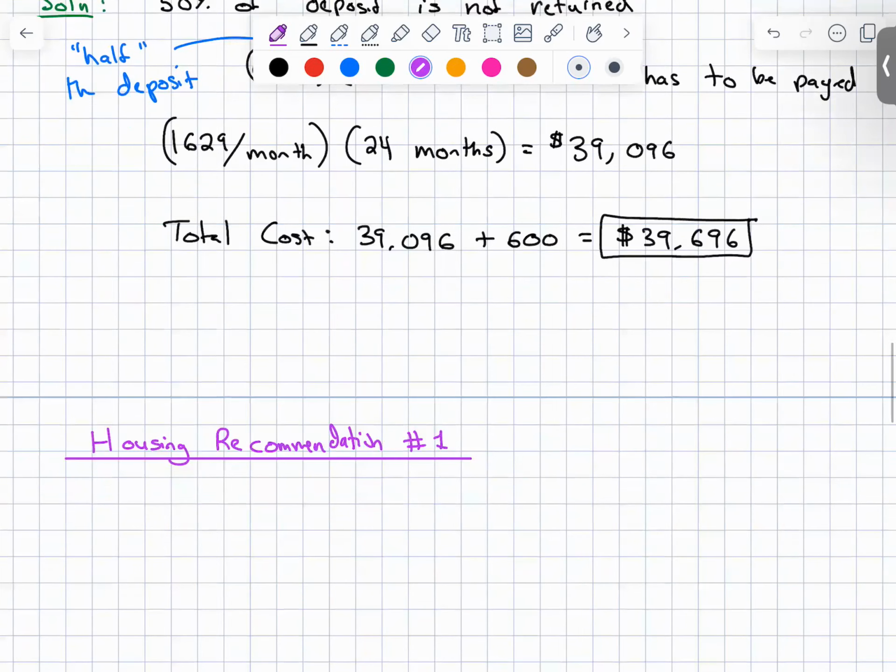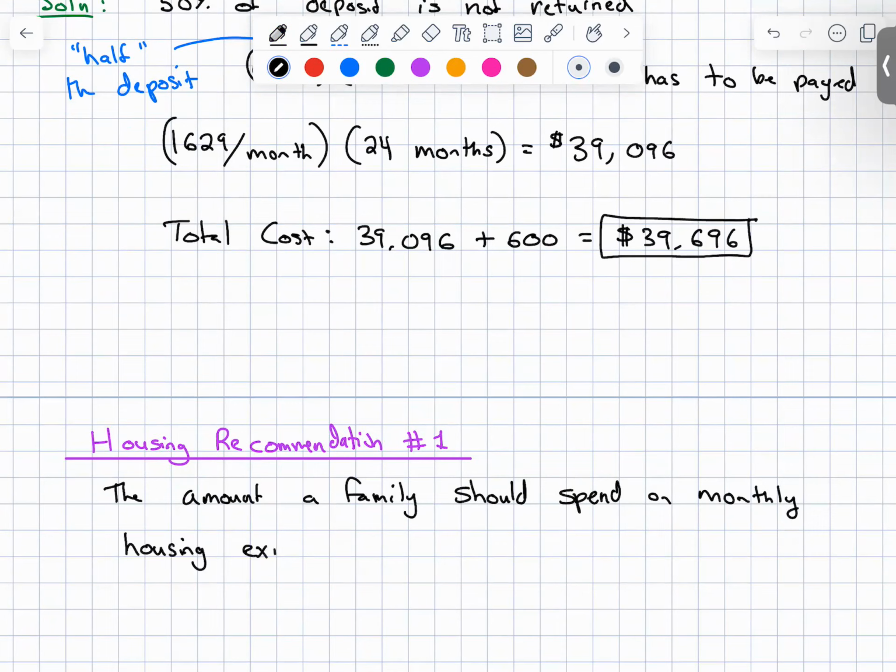What the housing recommendation says is that the amount a family should spend on monthly housing expenses should not exceed 30% of their gross monthly income.